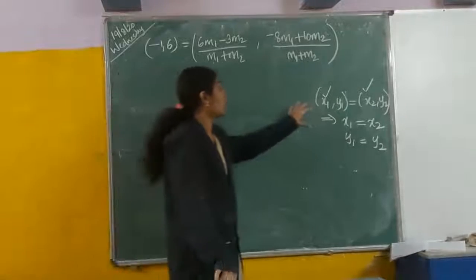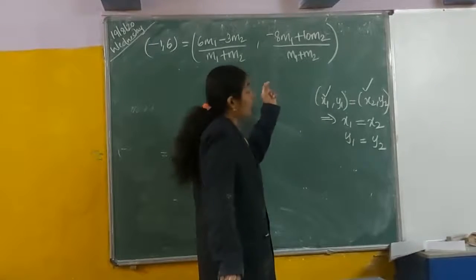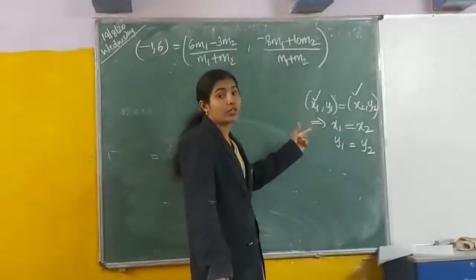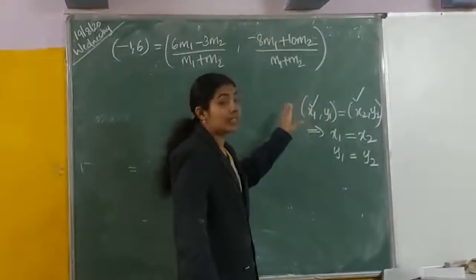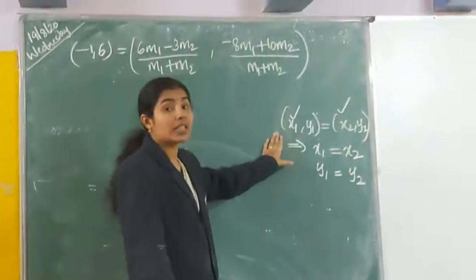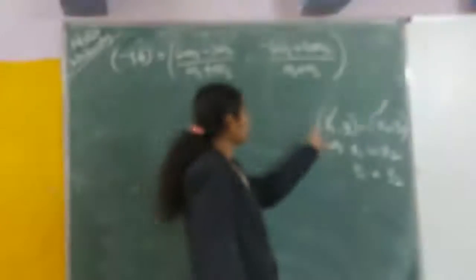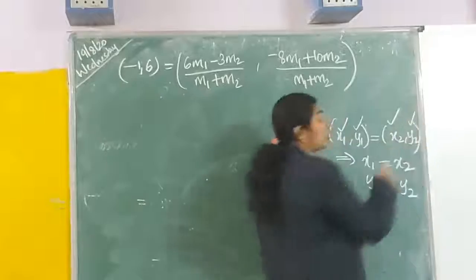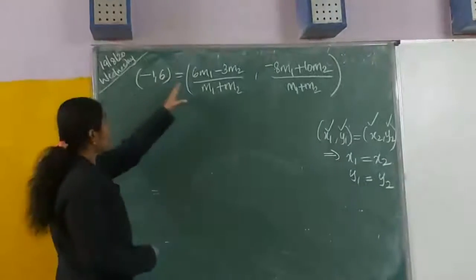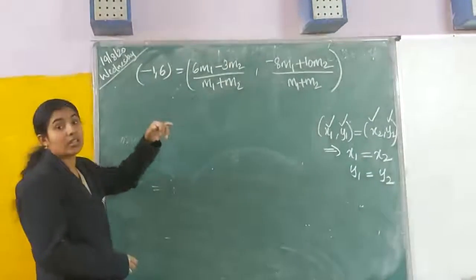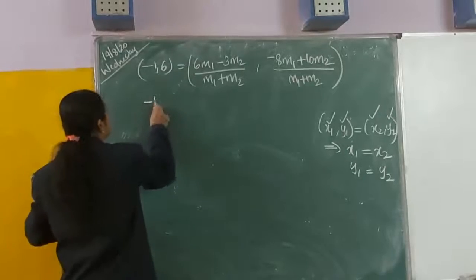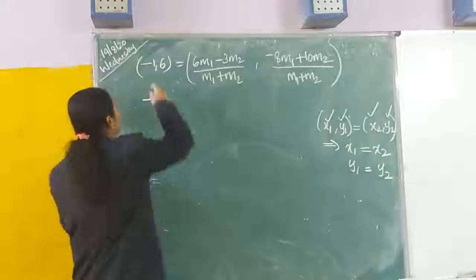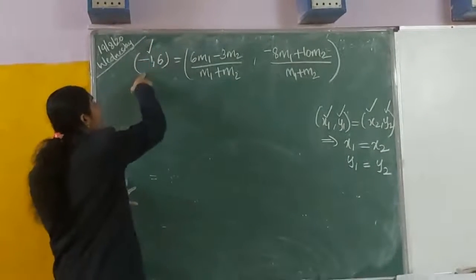What is important, you should study about this one. When you are given one equation, if its coordinates are equal, then what can we say? Each x coordinate is equal and each y coordinate is equal. So here you can see two coordinates and they are equal. That means the x coordinates are equal. Here the x coordinate is minus 1.